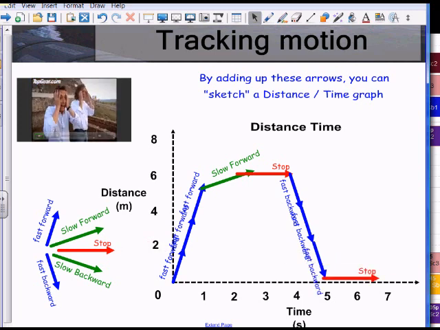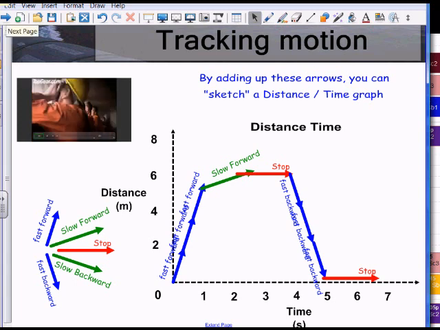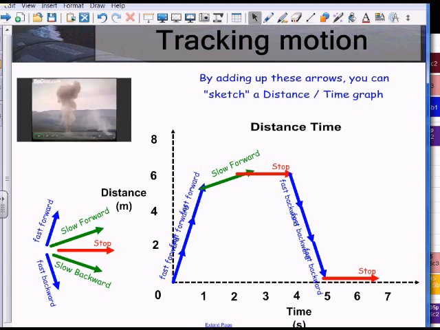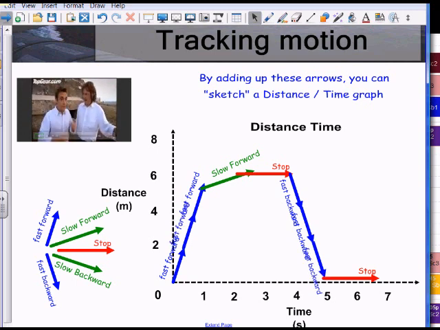Definite stop. Okay, so just know that this is going in one direction, and then this is going in another, right down.